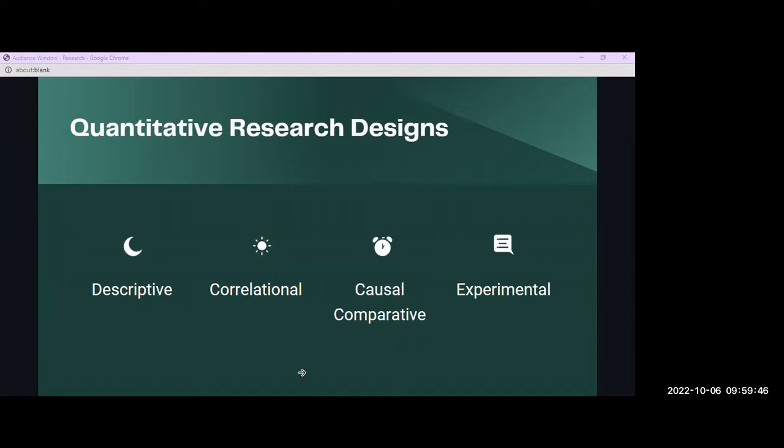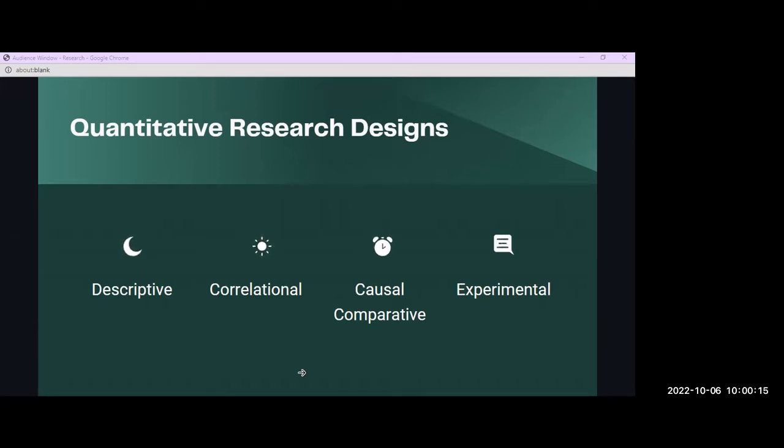We can measure that through a certain statistical test, but there is no randomization. The researcher does not randomly assign groups. Unlike in a true experimental design, there is a random selection, where there is a treatment group which is manipulated, and we also have the control group.